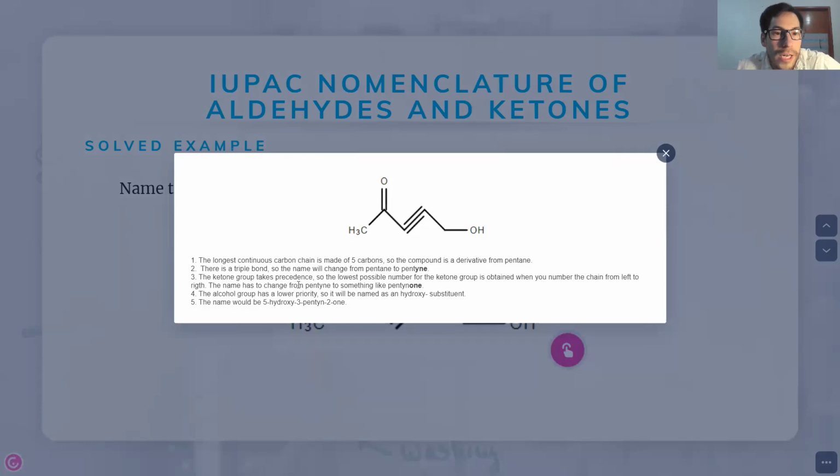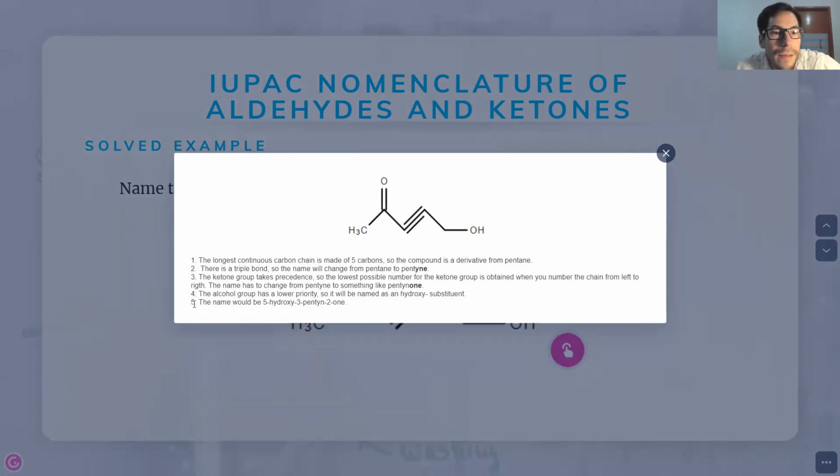Now the name has to change, as I told you before, from pentyne to something like pentynone, okay? And the alcohol group, because it has a lower priority, will be given the name of a substituent, hydroxy, okay?